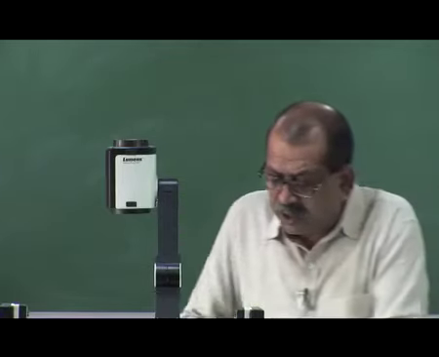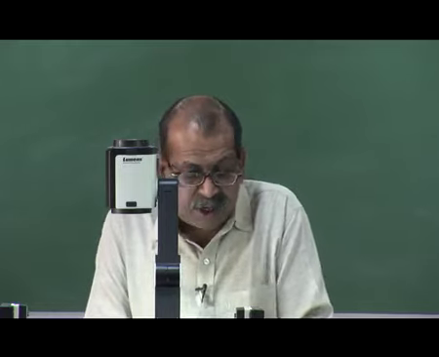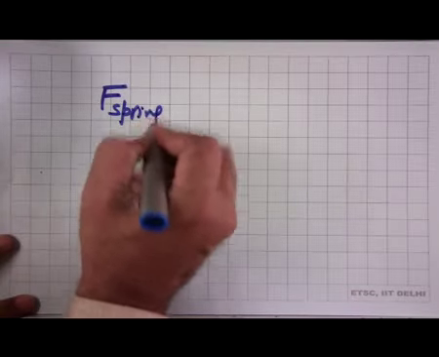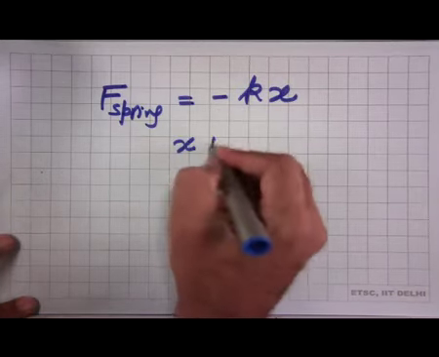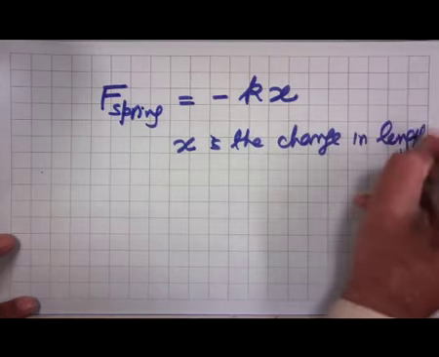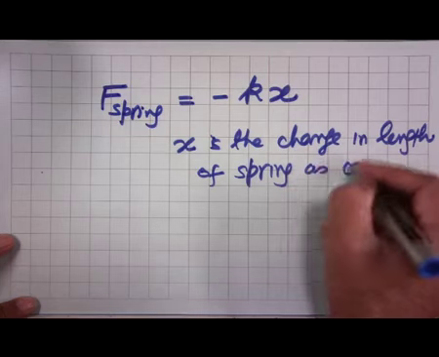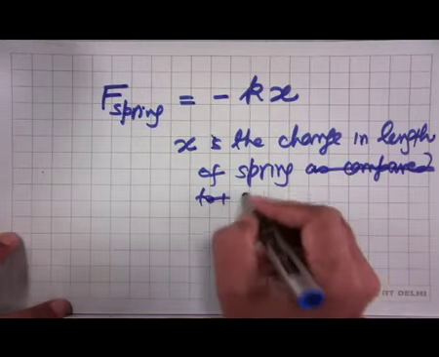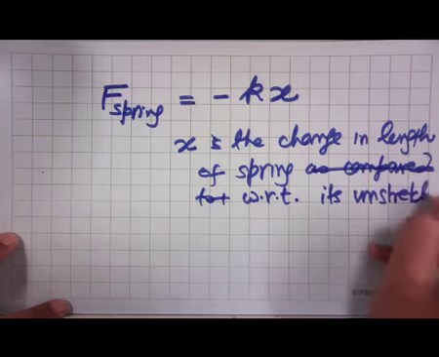And one of the ways we mathematically write springs, all springs may not behave like this, but for a lot of springs we have this relation that the force in the spring is equal to minus k times x, where x is the change in length of the spring with respect to its unstretched length.